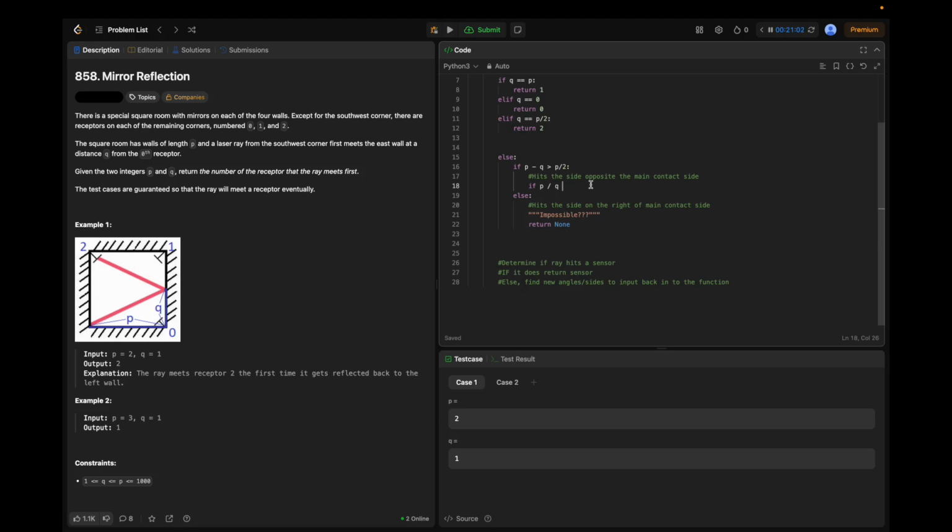Very wishy-washy solution right now, but we'll see. Anyway, so if p divided by q is equal to 3, or not equal to 3, I meant to say if it's odd, mod 2 is equal to 0. That's if it's even, else.